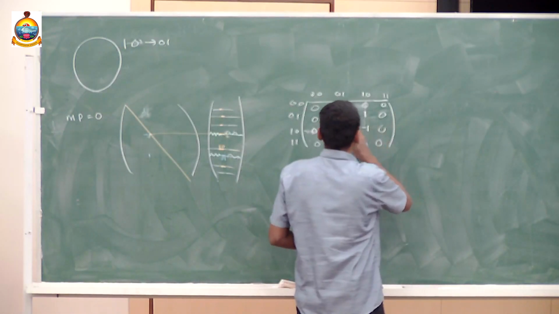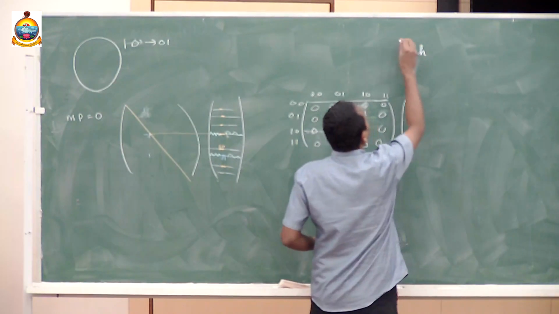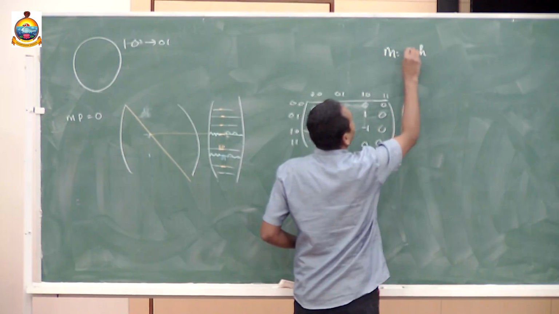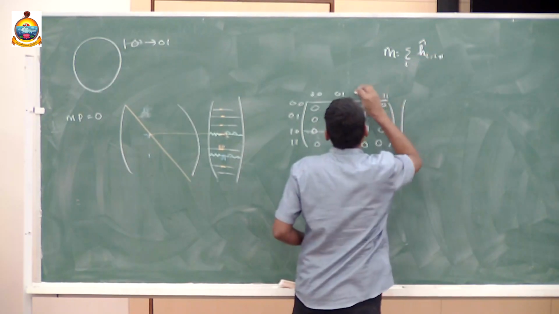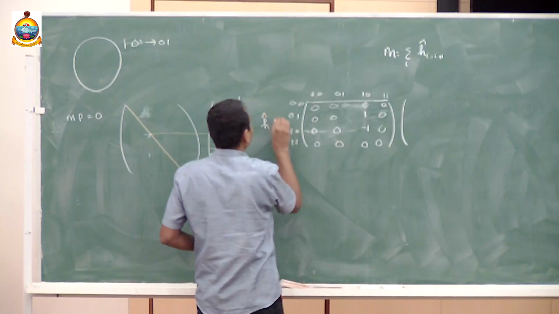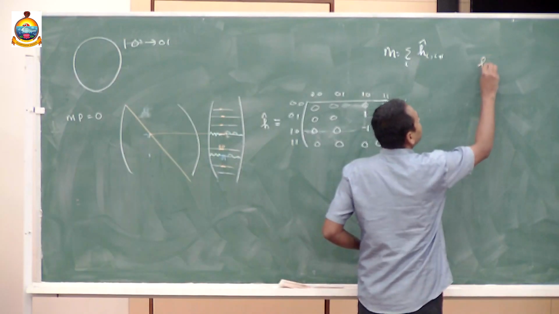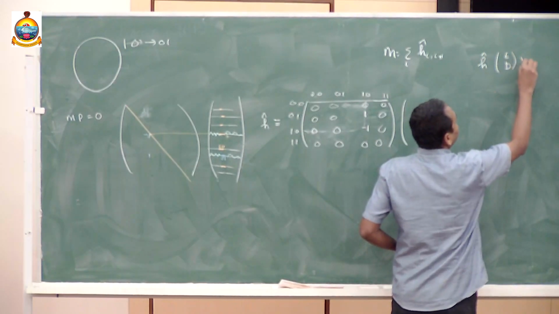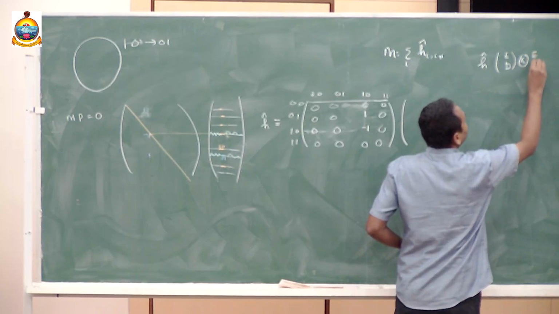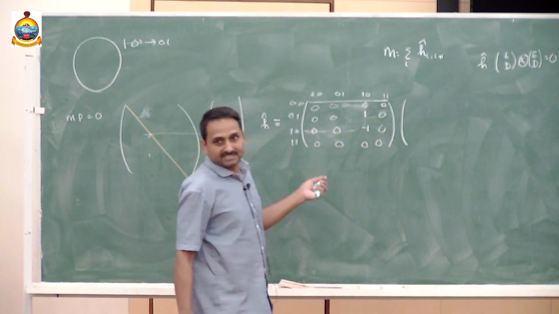Now the operator M I am writing is a summation over i of h_{i,i+1}, where H is a general operator. And what I want is that H operating on D cross D equals 0. You have to satisfy this equation.